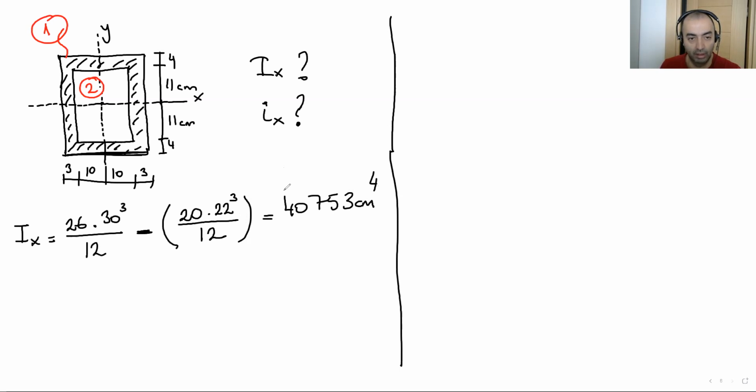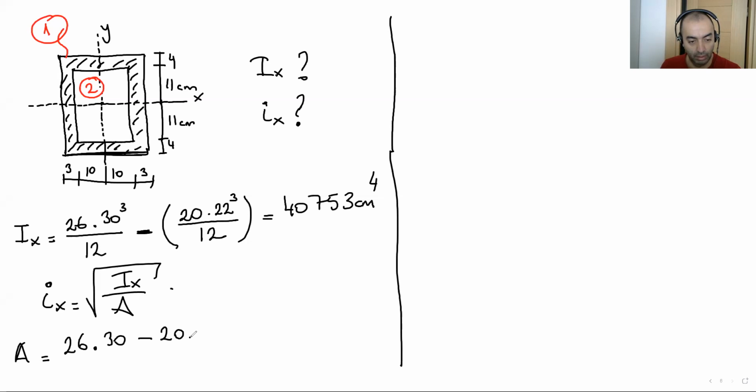this is the result. Okay, what is the radius of gyration? rx is the square root of Ix over A. So A is here, totally A here, minus this one.